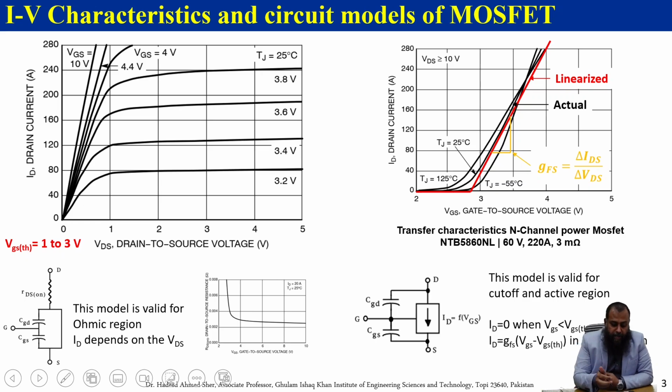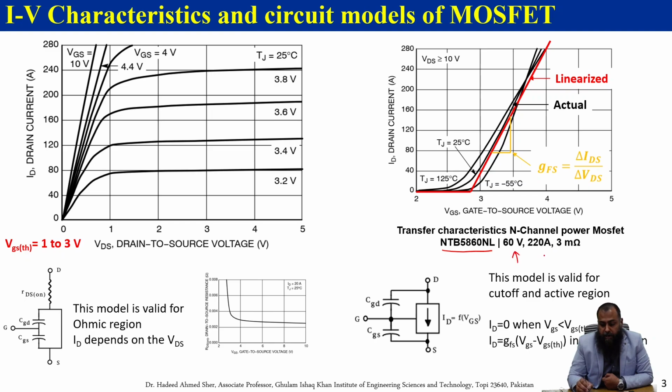This is a graph plotted between the drain to source voltage and the drain current ID, for different values of the applied gate to source voltage. This graph is taken from a data sheet for an n-channel power MOSFET, the NTB5860NL. It is able to block 60 volts and conduct 220 amperes, with an RDS(on) maximum of 3 milliohm.